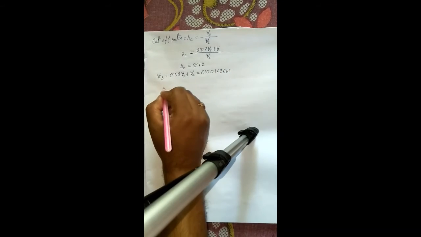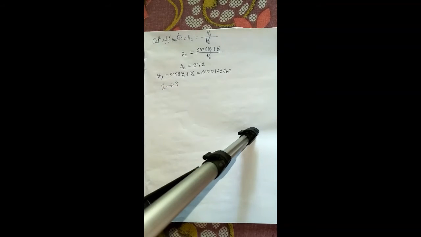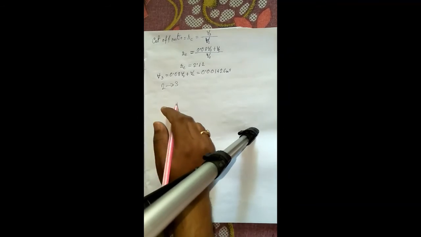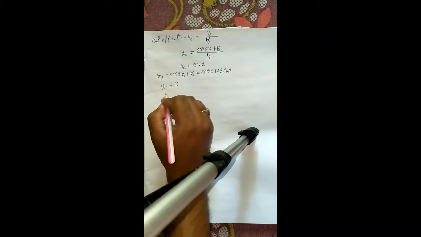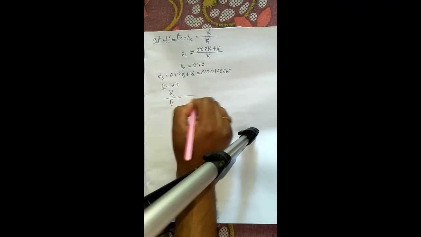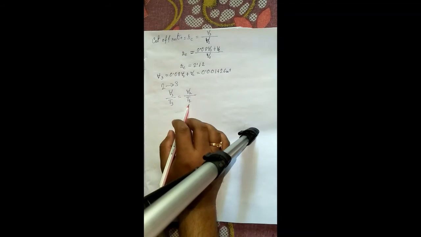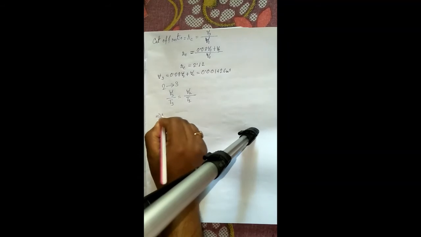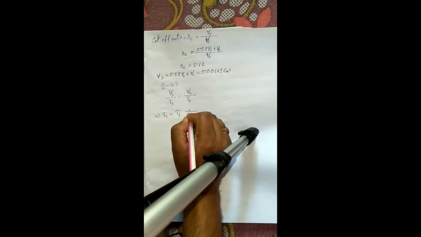Now considering the process 2 to 3, which is the constant pressure process. From the ideal gas law, P1 V1 by T1 equals P2 V2 by T2, we can cancel out the pressure. So we can write V3 by T3 is equal to V2 by T2. We know all these three values, so we can easily find the temperature. T3 becomes T2 into V3 by V2.